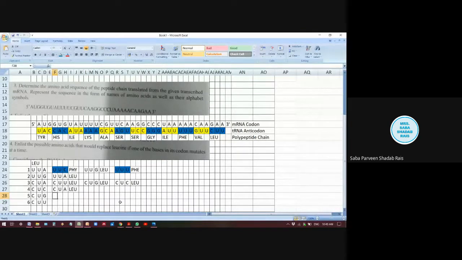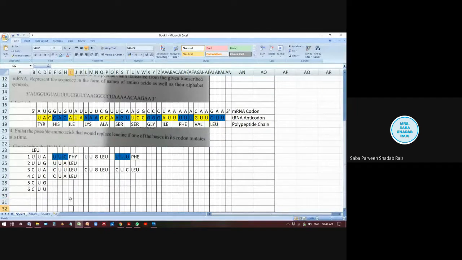Okay. So this is the solution for this question. Here the blue marking is showing this. If there is only one base mutation, and that too on the first base, in the case of the leucine, there is a very rare chance that it is going to change the polypeptide.